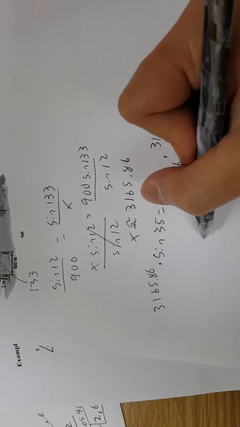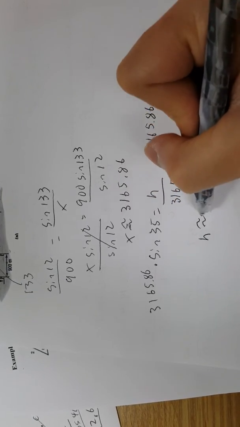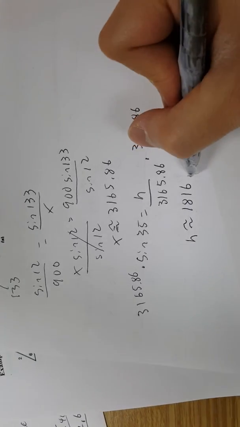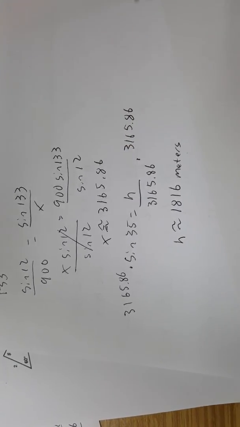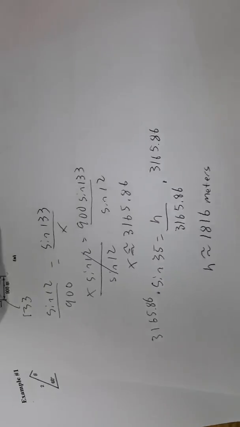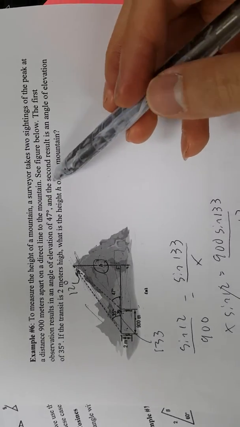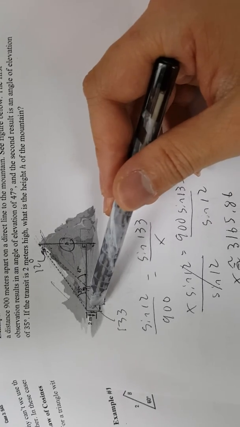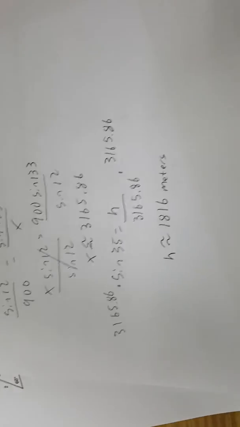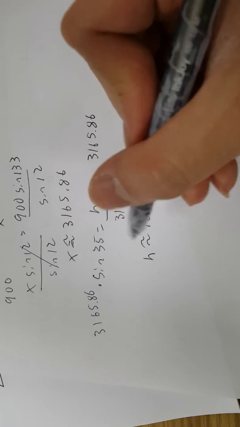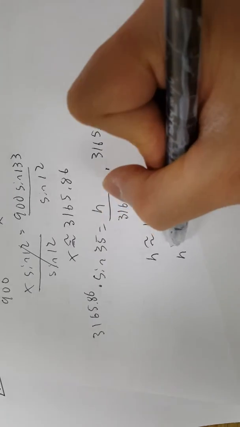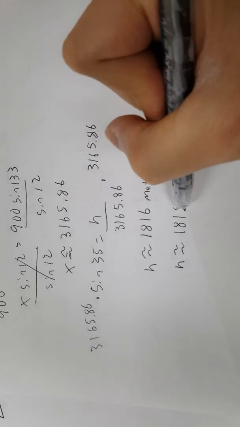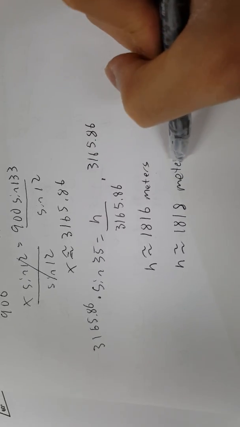And I'll eventually get that h is 1,816 meters. But if you read the problem, it says that the transit is 2 meters high, so they're taking the measurements 2 meters high. So to find the final height of the mountain, I just add 2 to this. So height is about 1,818 meters.